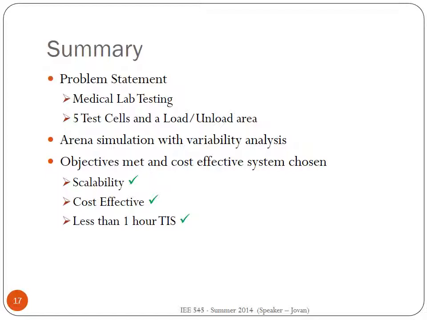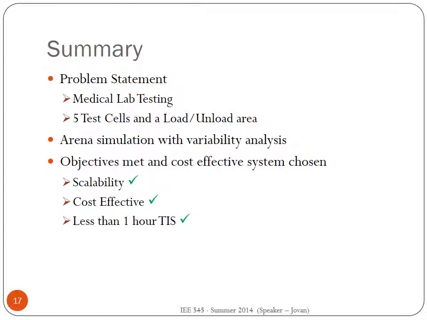So in summary, we covered that our problem statement was a medical lab testing company optimizing an automated test system for hospitals. The test system was kept fixed at 5 test cells, but we were able to vary the number of actual test units per cell and the number of load-unload areas for further optimization of the system.